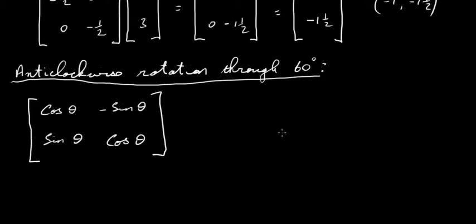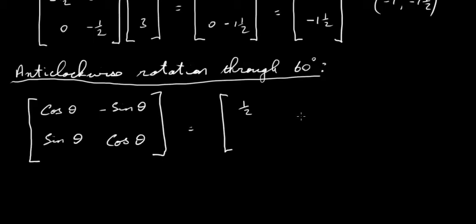So whatever you want to rotate it anti-clockwise through, you put that angle in here. In our case, we're going to end up with the cos of 60 degrees. The reason I picked 60 degrees is that it's a handy angle, one of these special angles. So the cos of 60 degrees is a half.